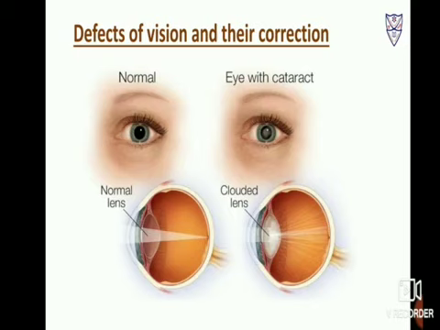Because of this cloudiness, light rays do not pass easily through the lens to focus on the retina, so things will look foggy or cloudy. People with a cloudy lens are said to have cataract.